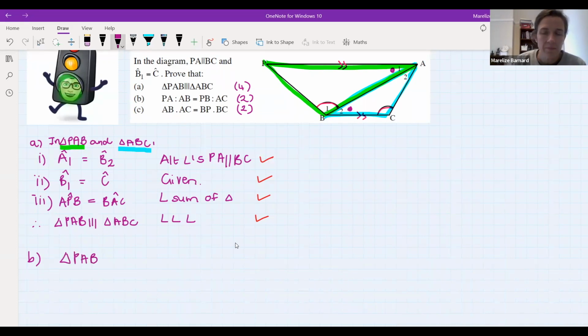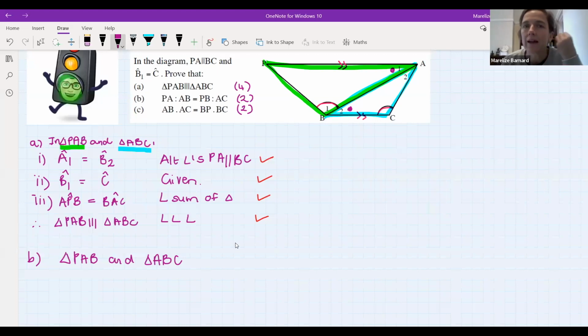We have Naledi with a question. Ma'am, if you said PA is parallel to BC, is that wrong? And you said it's given? What we need to state in our proof to prove the similarity are the 3 angles, because what makes triangles similar?